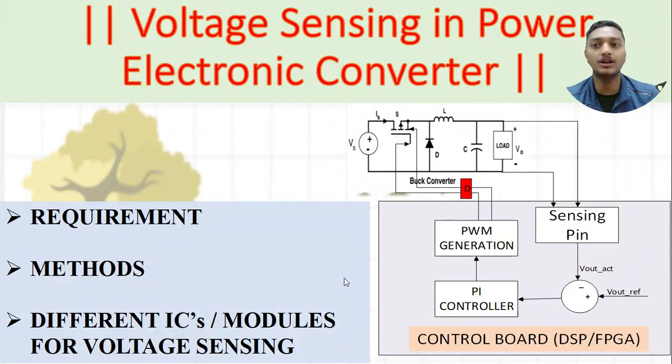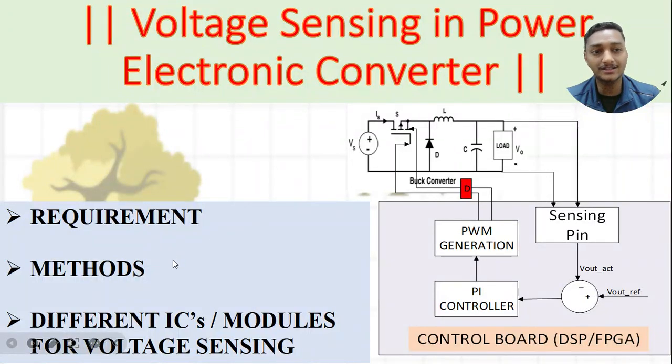So for that I am going to make two videos. The first video is on voltage sensing in power electronics and another video is on current sensing in power electronics. In this particular video we will talk about voltage sensing in power electronics. What things we are going to cover: what is the requirement of sensing units? Why can't we directly connect our output voltage to our control boards?